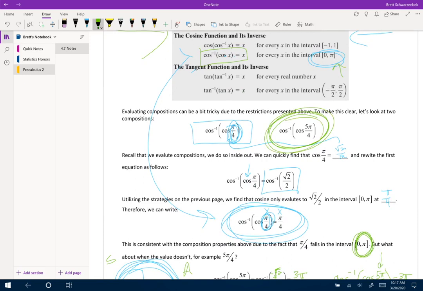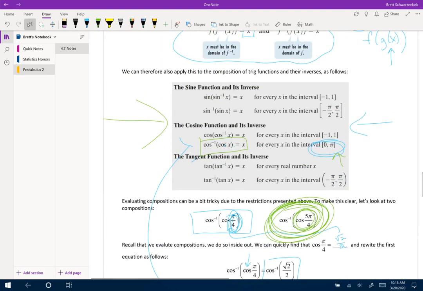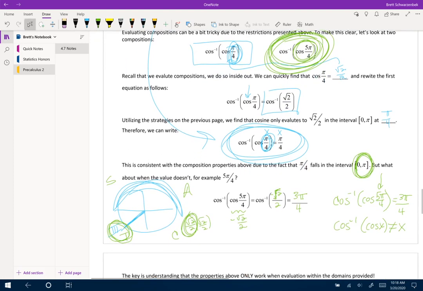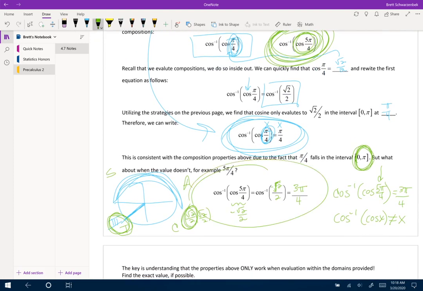Find the cosine of 5 pi over 4, then find the cosine inverse of the result. If you do that, you're just going to get an answer. As long as you can do both things, you'll be fine, and you don't have to worry about memorizing theorems that you could end up getting wrong. So I always recommend just doing the math out like we did in this one down here, and then you won't usually run into any issues.